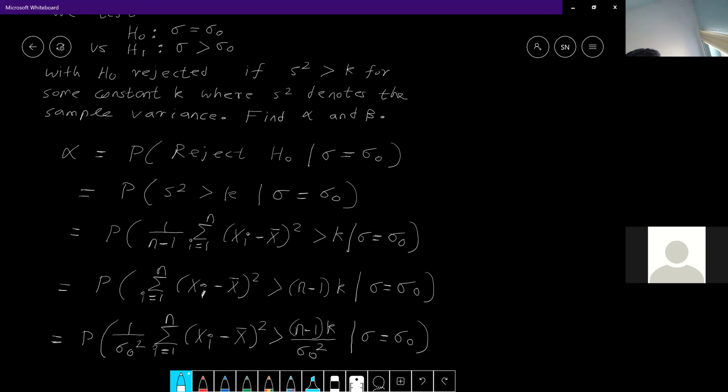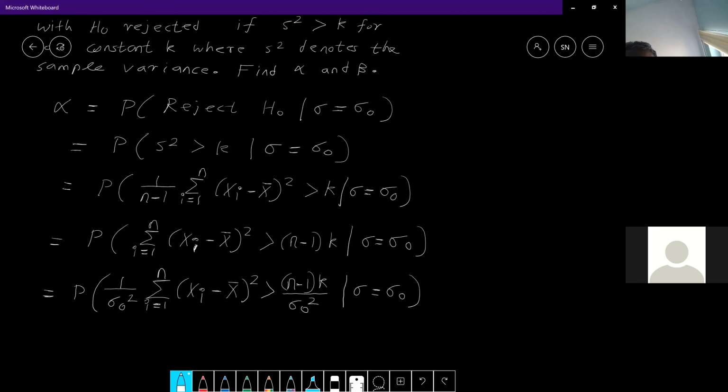Right. Now, let me ask you, do you know something about this guy here? Does it ring a bell? The thing inside the box. We talked about it in class when I talked about the chi-square distribution. Do you remember what it is?